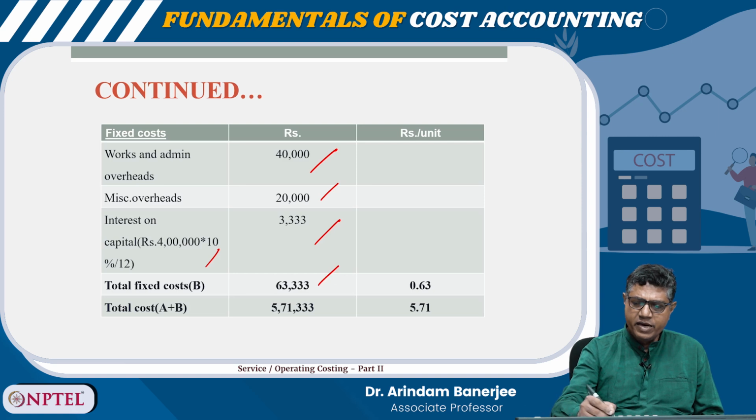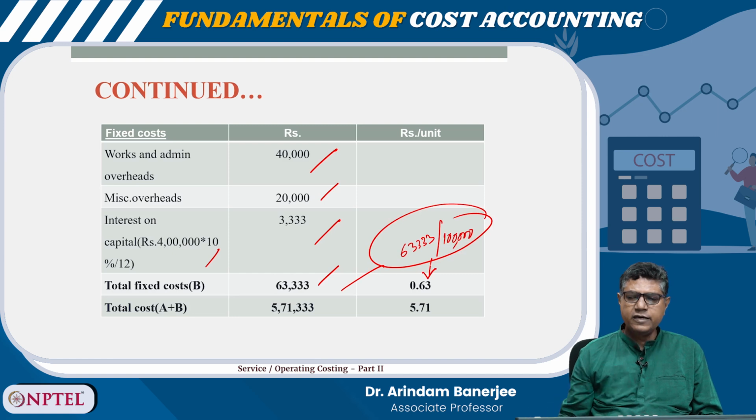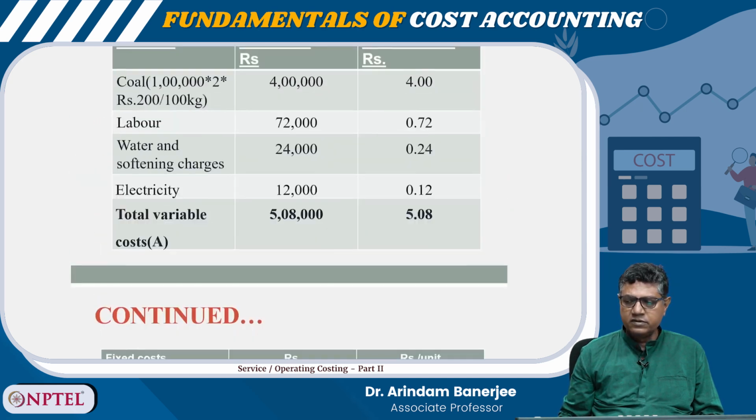If I divide it by 1 lakh, so rupees per unit is 0.63, right. So, total cost, if I add, is 5.71, right.